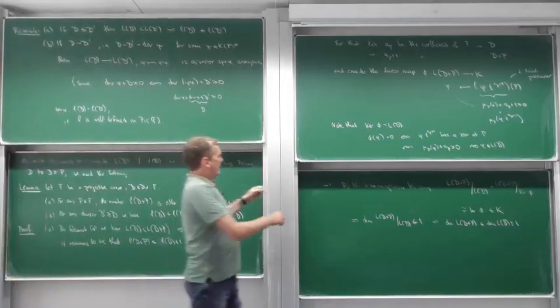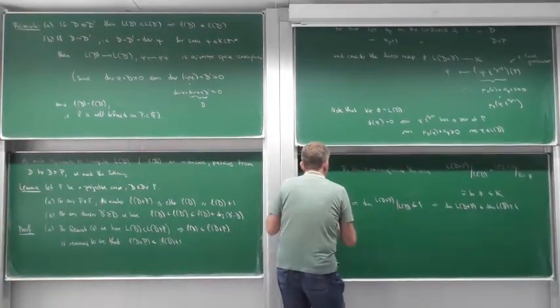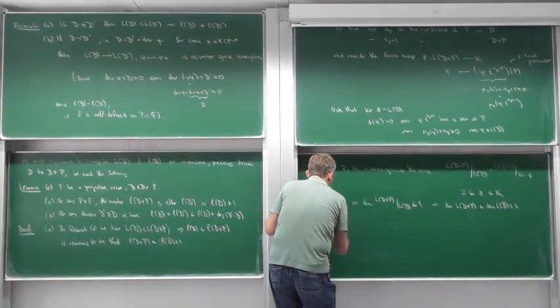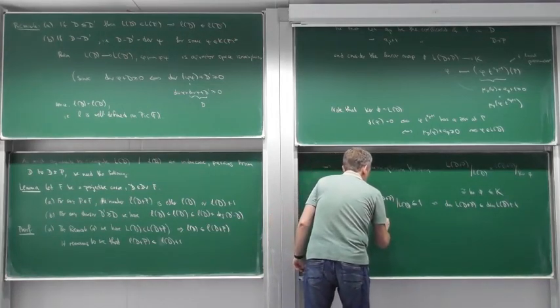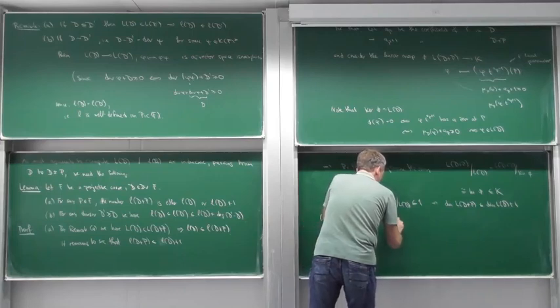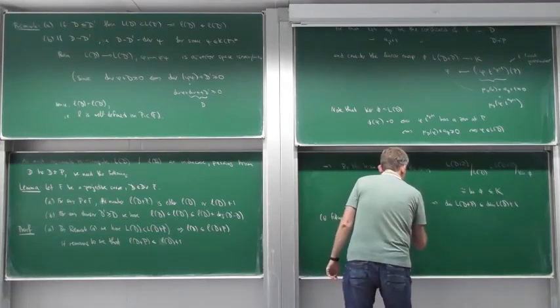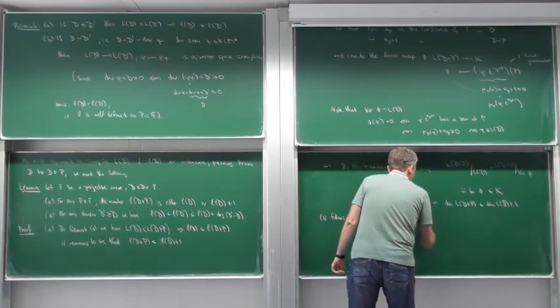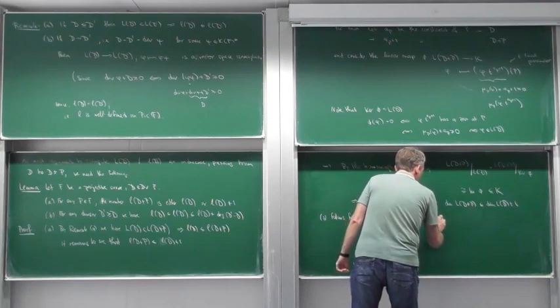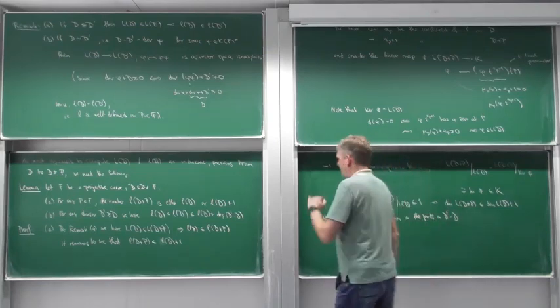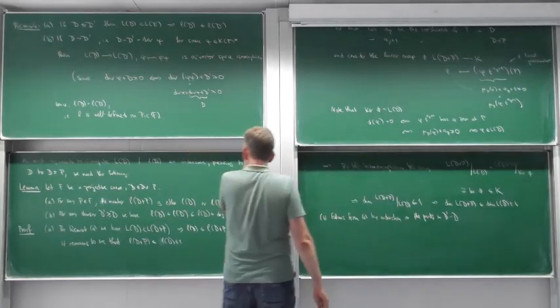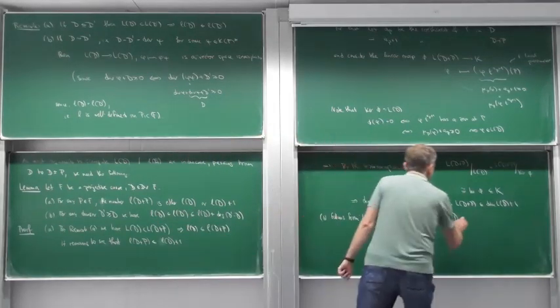And as I said already, part B then just follows from A by induction on the points added to go from D prime to D, so by induction on the points in D prime minus D.